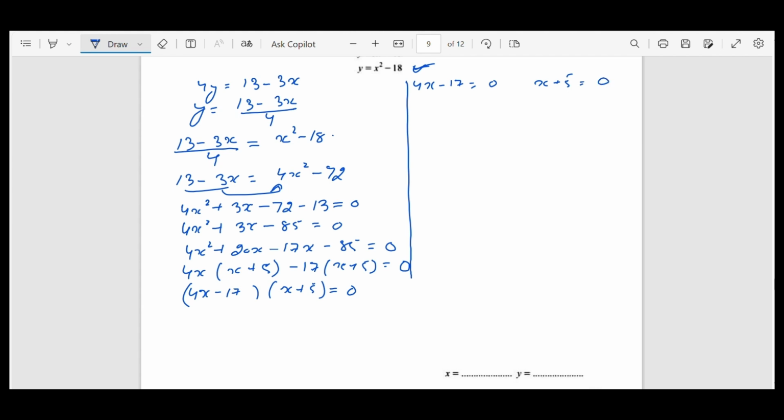Now from here x will be equal to 17 by 4 and here x will be equal to minus 5. And for 4y, we will substitute these values in this. So 4y will be equal to 13 minus 3x. So 4y will be equal to 13 minus 3 into 17 by 4, and here 4y will be equal to 13 minus 3 into minus 5, right?